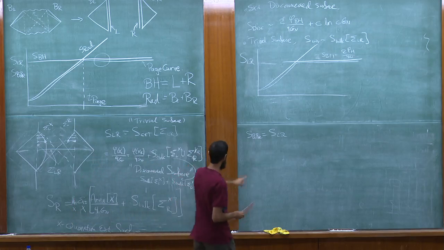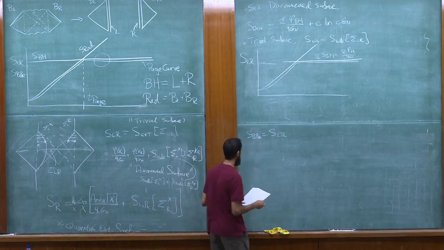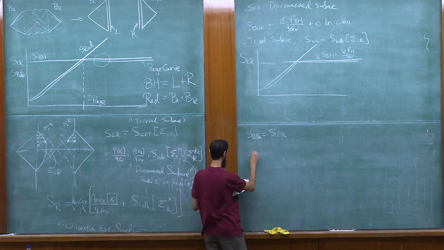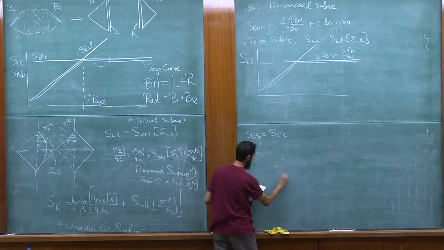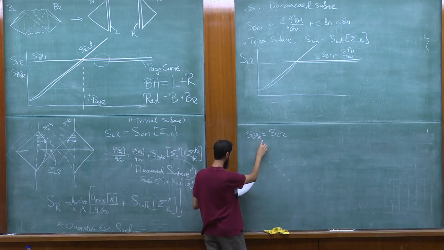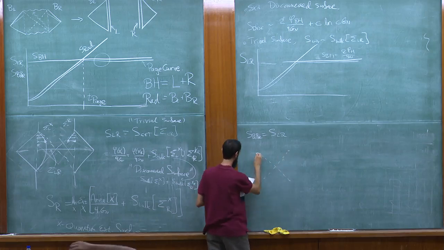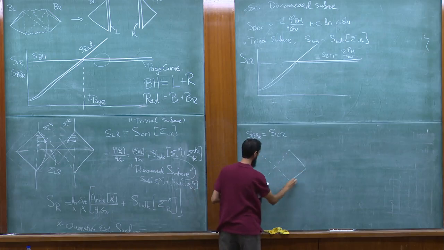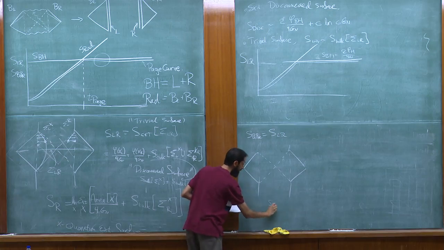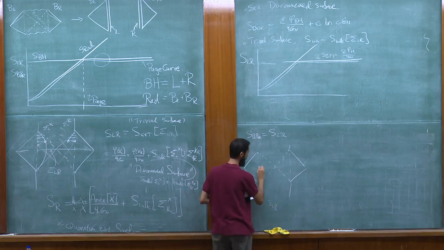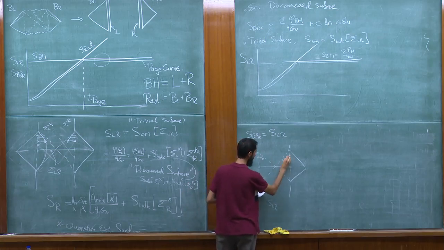Okay, so we want to get this guy. So we can find what the answer should be for BLBR in the following way. I already said this, but when computing S_LR, we had two possible surfaces, this thing plus something like this.